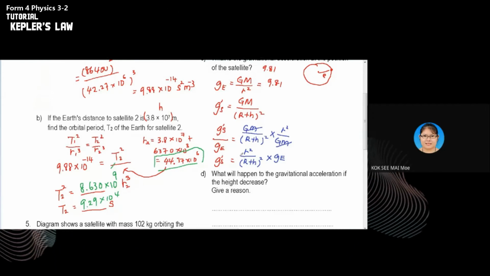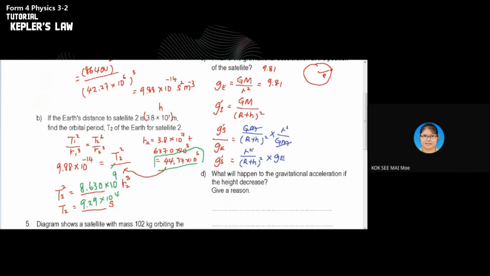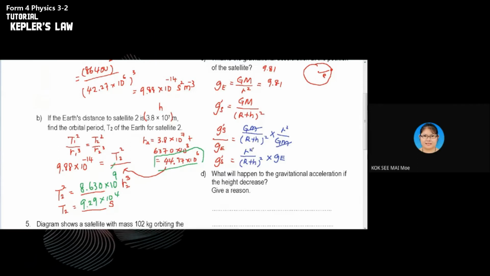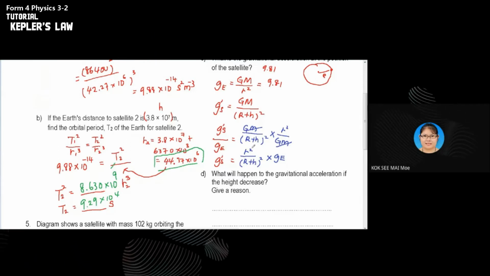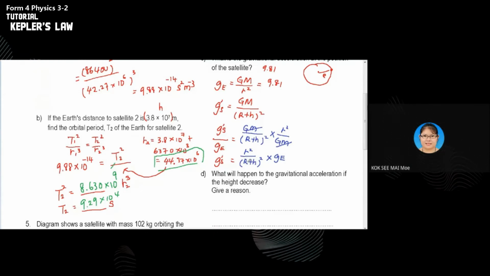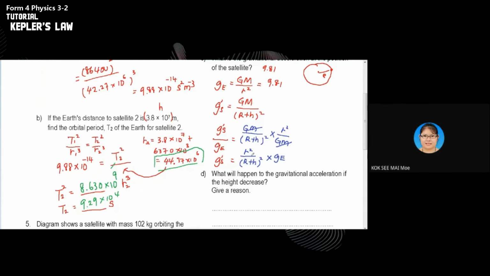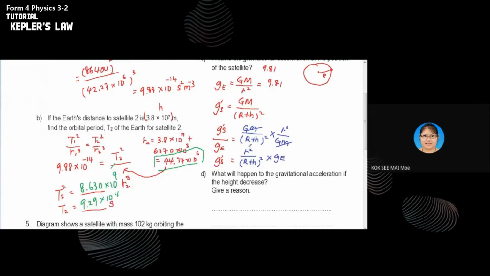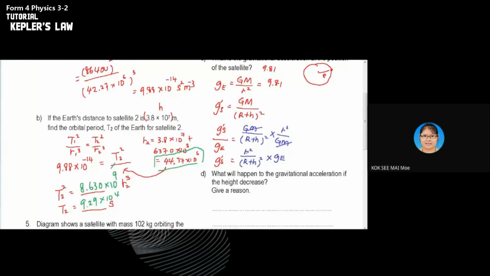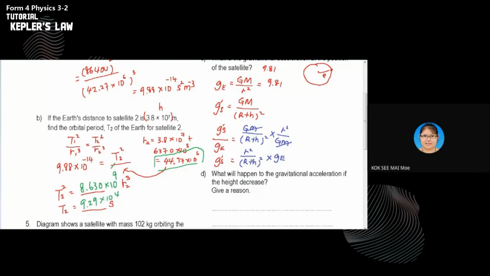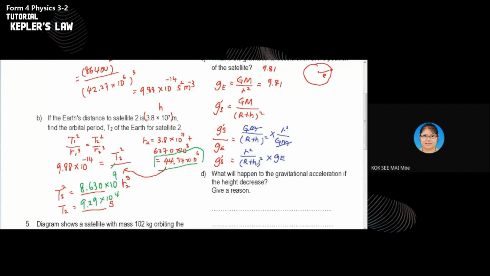Okay, r is how many? We counted it just now, right? The radius plus the satellite's height. This one is the normal r, the radius of the Earth. This one, r plus h, is the radius of the Earth plus the height.